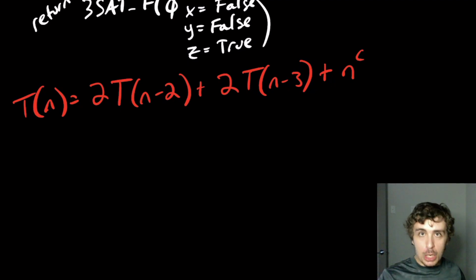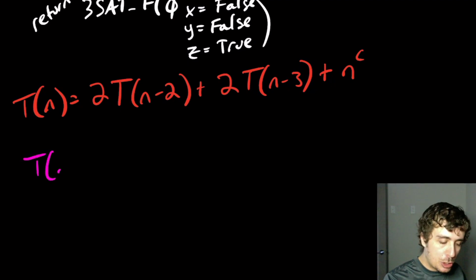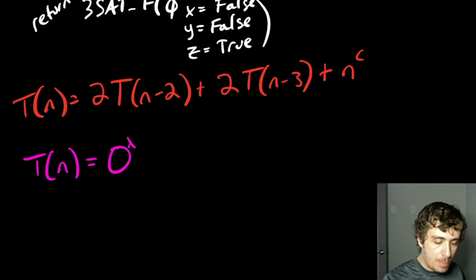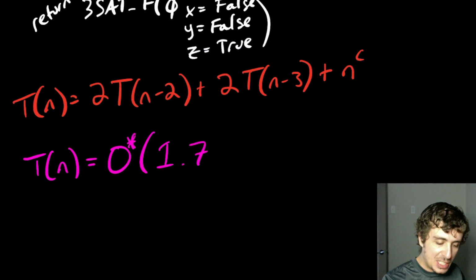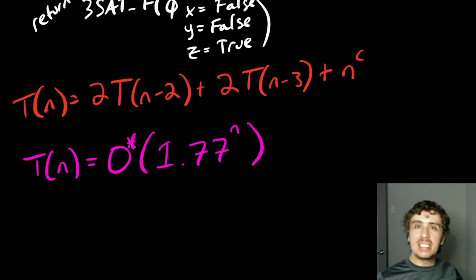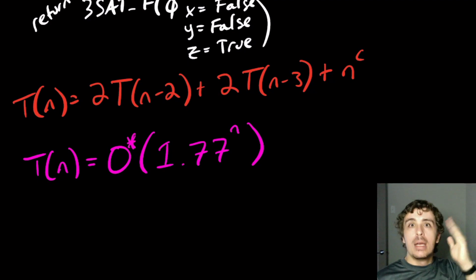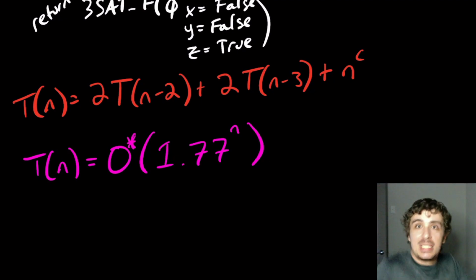Again, it's beyond the scope of this video, but if you solve this, it's going to be big O star of, it turns out, approximately 1.77 to the n. And that's a little better. It's not significantly better, like we had from 2 to the n down to 1.84 to the n, and then now down to 1.77. It's slightly better, but it's definitely better.